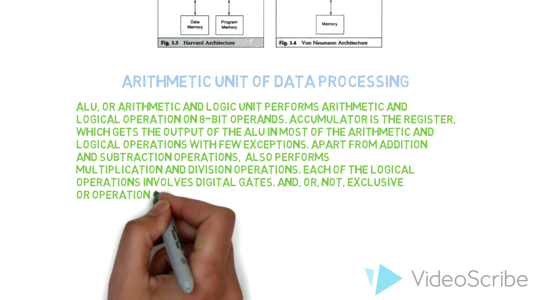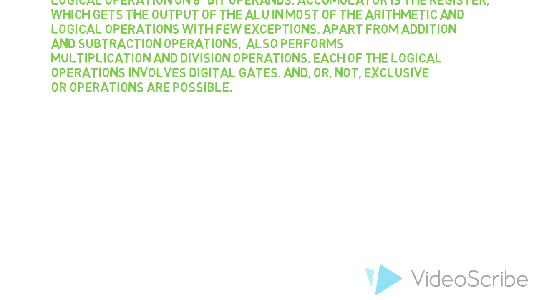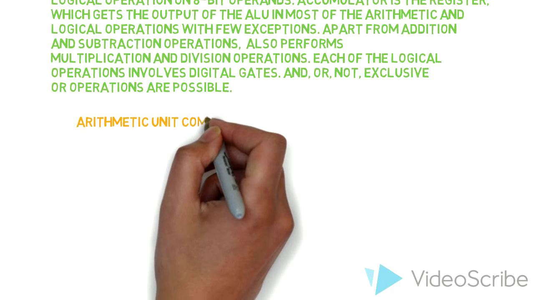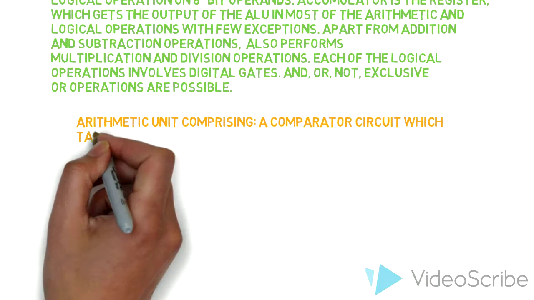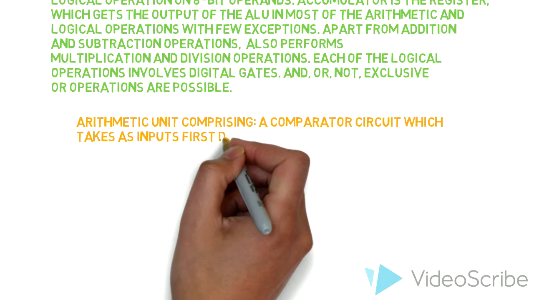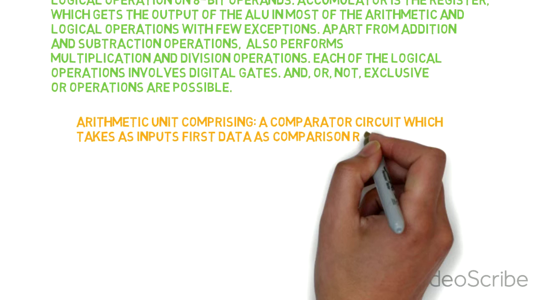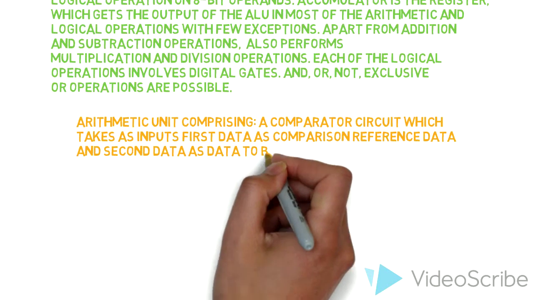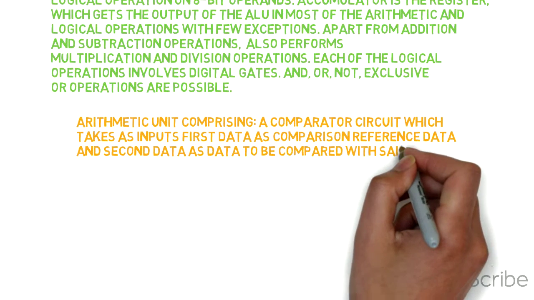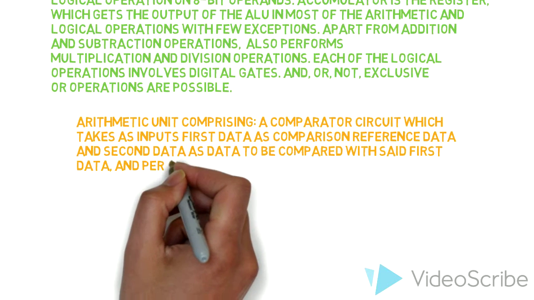Each of the logical operations involves digital gates; AND, OR, NOT, exclusive OR operations are possible. The arithmetic unit comprises a comparator circuit which takes as input first data as comparison reference data and second data as data to be compared with said first data, and performs a comparison between said first and said second data.